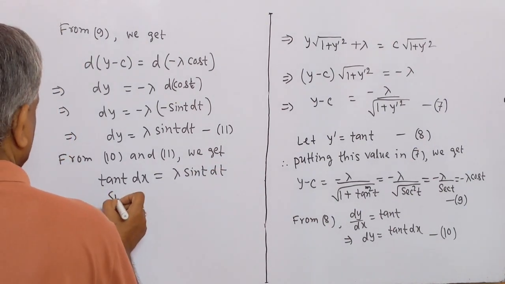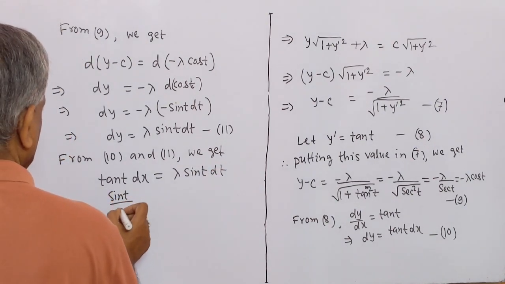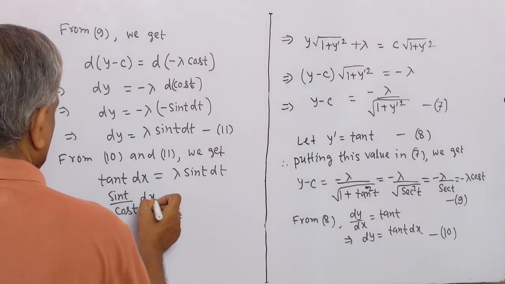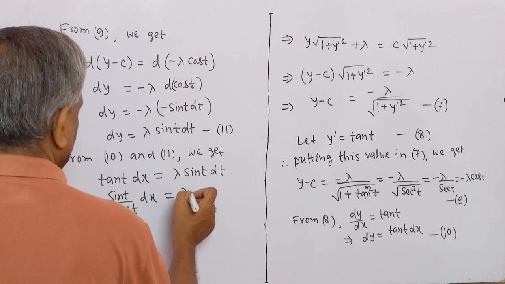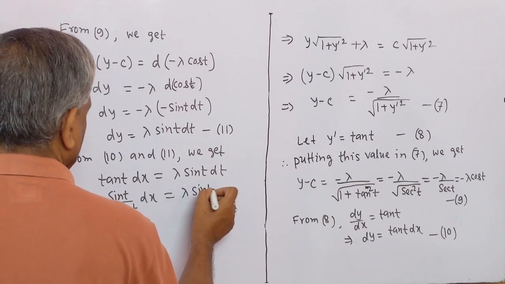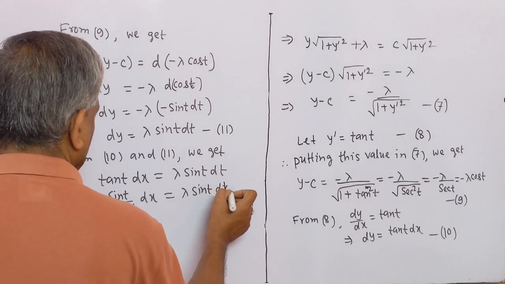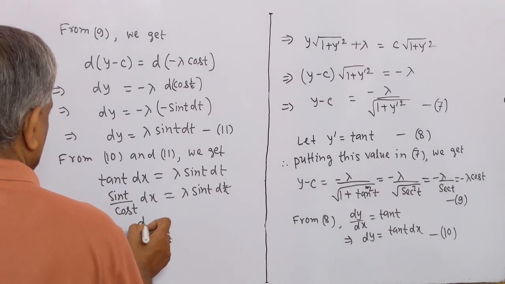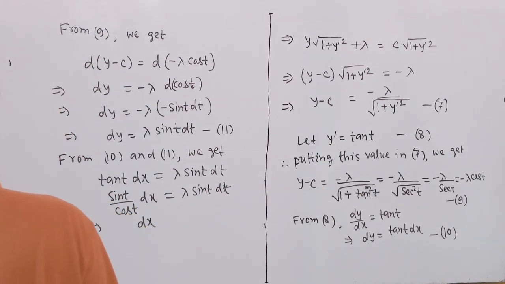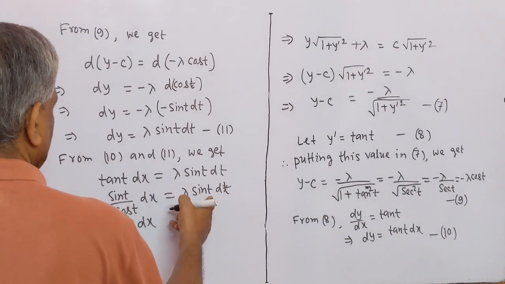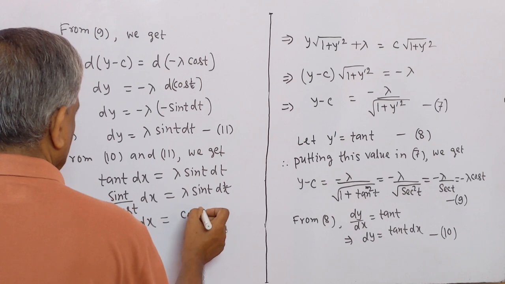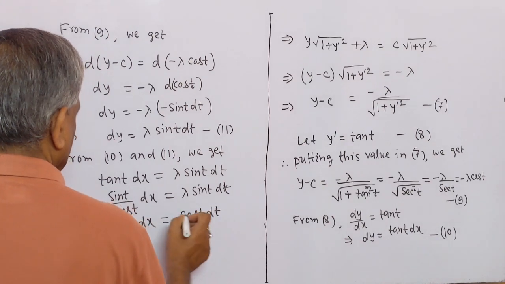Here this is sin t by cos t, dx equal to lambda sin t dt, implies that dx, sin t cancel, equals lambda cos t dt.